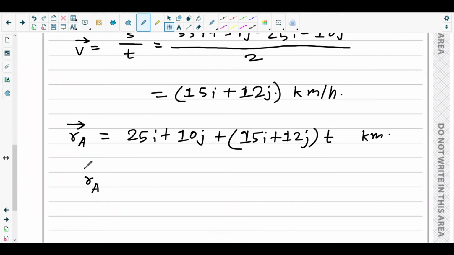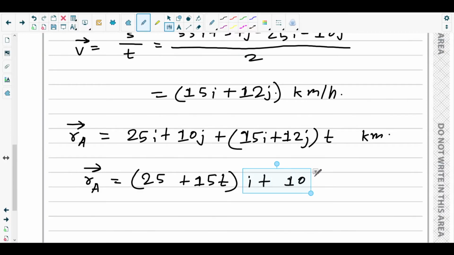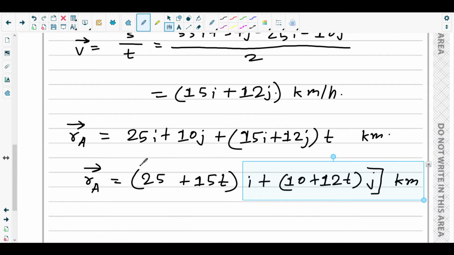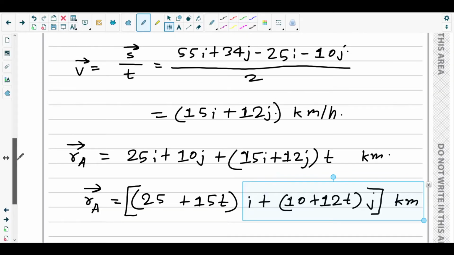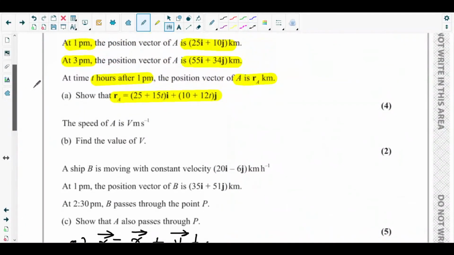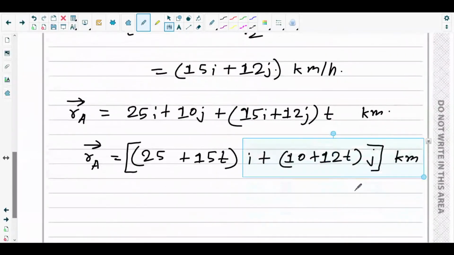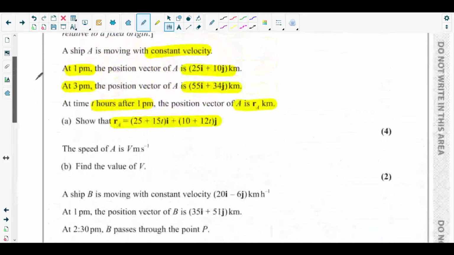Combining the i components, R_A equals (25 plus 15t)i plus (10 plus 12t)j kilometers. Comparing with the given one, that is exactly what part A looked for.